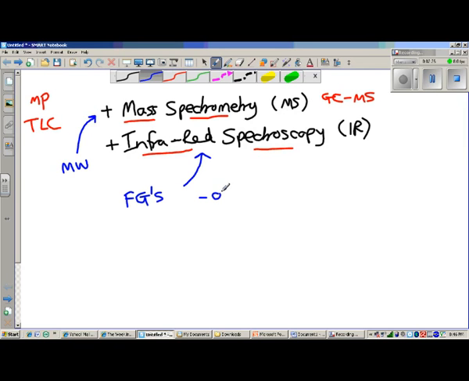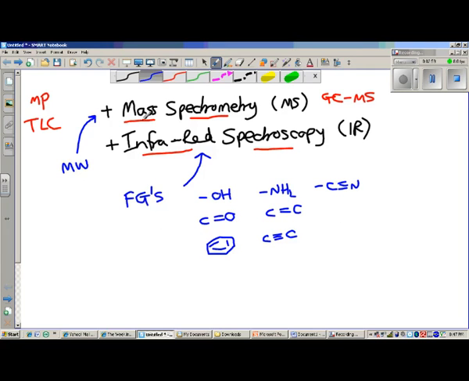So if you have maybe an alcohol, a carbonyl, a benzene ring, an amine maybe, or perhaps an alkene or alkyne, or a nitrile as well, infrared spectroscopy can be very useful for that, but it won't tell you much about the actual structure of the molecule, unless you get really, really good at it.